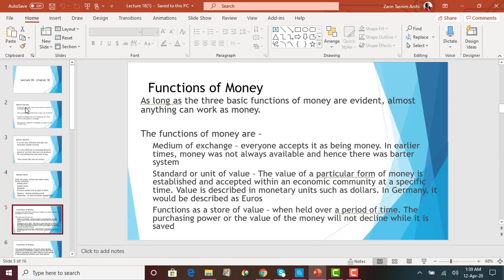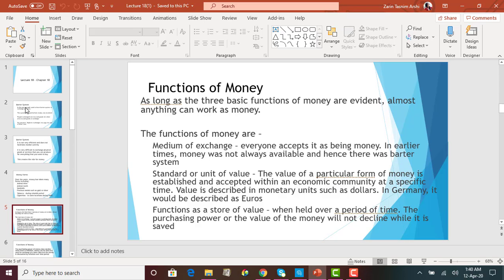However, anything can function as money, as long as these 3 basic characteristics or functions are present. If any item has these 3 basic functions, then it can be used as money. So what are these 3 functions? If you look at the slide, the first function is that it must be a medium of exchange.